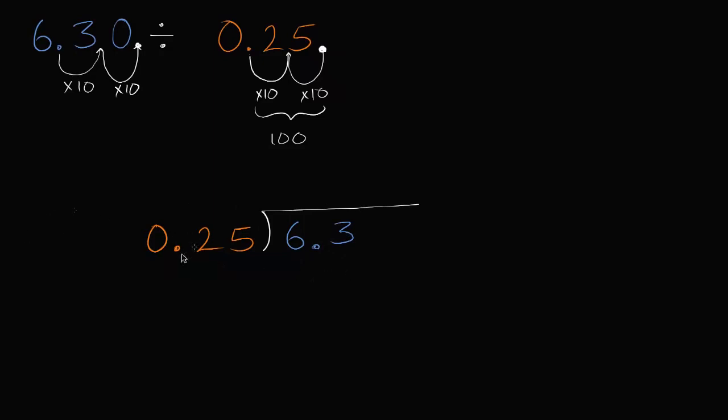So if I move it 2 spaces to the right, so 1, 2, 0.25 becomes 25, and then 6.3 becomes, move it 1 space, 2 spaces to the right, it becomes 630.